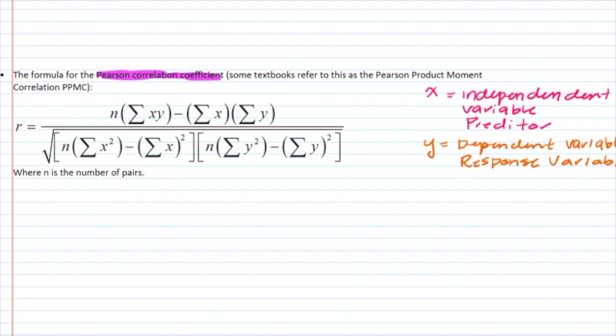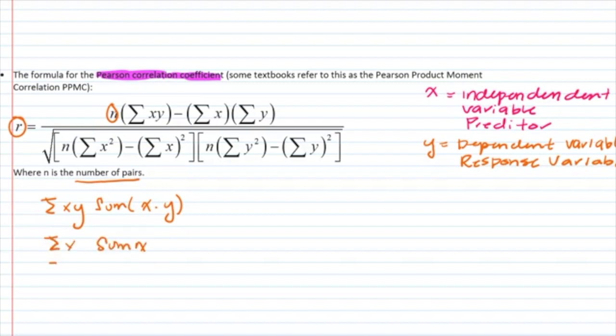Notice that the symbol is r. Over here we have N, which is the number of pairs. Then we have the sum of XY. First we multiply X times Y, and then we sum them. This is just the sum of X. This is the sum of Y. Then I have the sum of X squared.